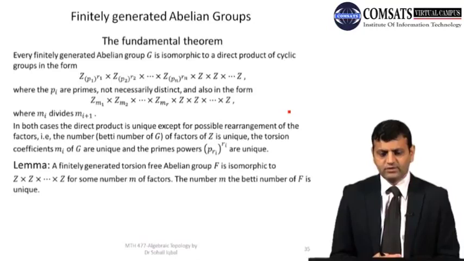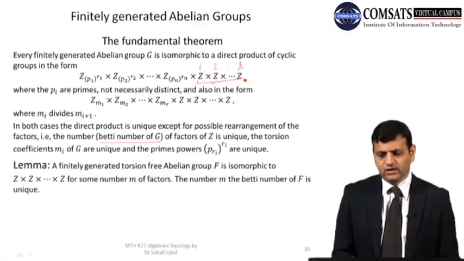In both cases the direct product is unique except for possible rearrangements of the factors. So the number of factors of Z is unique. So for example this is the first copy, this is the second copy, and so on. Let's say there are r copies of Z in this direct product, then this r is called the Betti number.